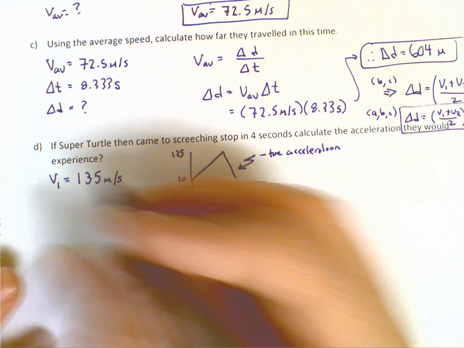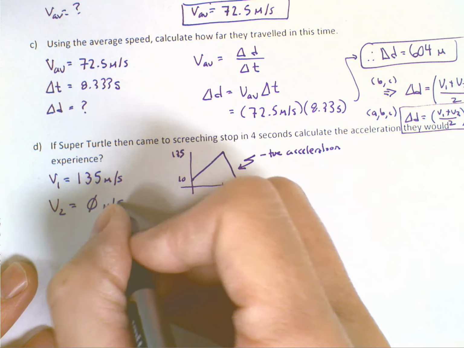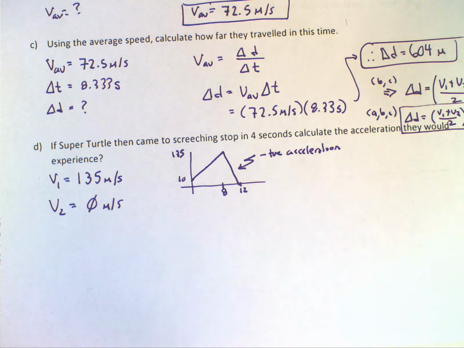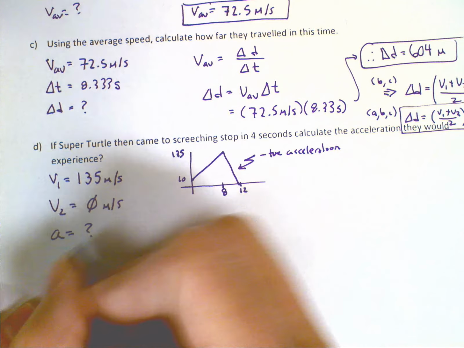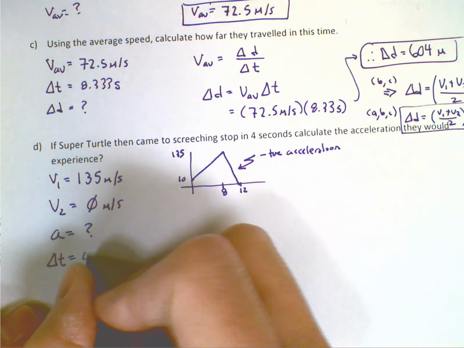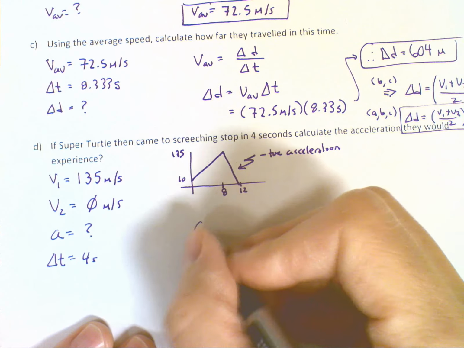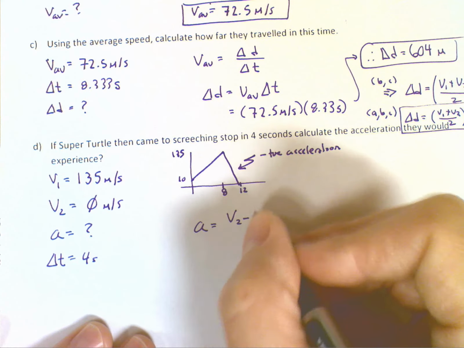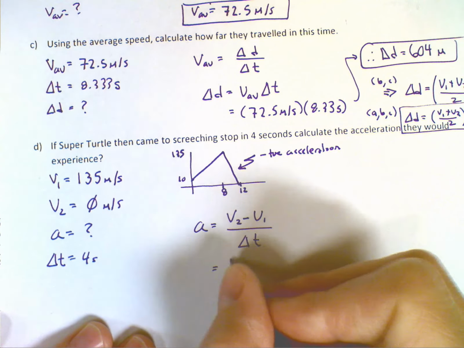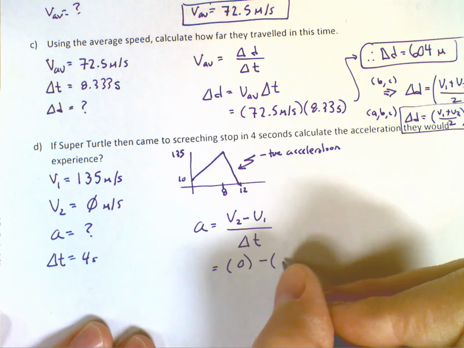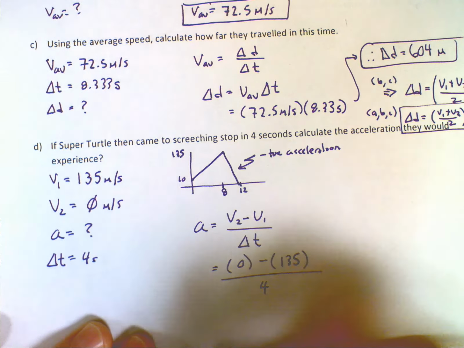And it's going to be pretty steep because they're going to come from 135 down to 0 really, really quickly. So, as I just stated, the final speed, because they're coming to a screeching stop, would be 0 meters per second. The acceleration, we don't know. The time interval in which they come to a stop is 4 seconds. So, acceleration is V2 minus V1, delta V over delta T. V2 is 0 minus 135 divided by 4.